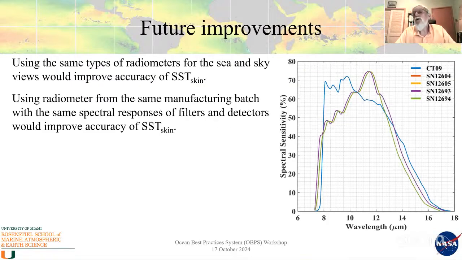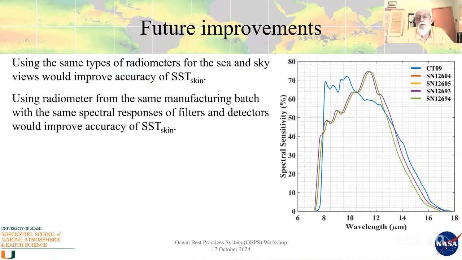For future deployments in this configuration, if there are any, it would be really useful if the same types of radiometers were used for the sea view and the sky view. For reasons which I think are related to cost, and the cost difference isn't all that tremendous, the sky view, because it doesn't need to be made with such accuracy, could use a cheaper radiometer.